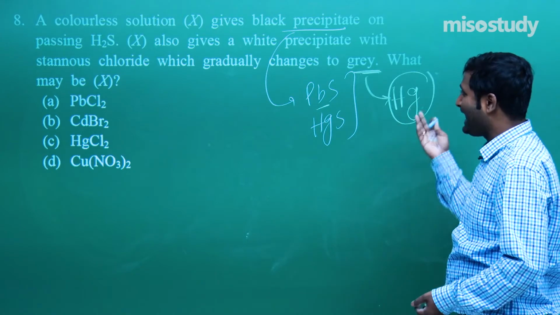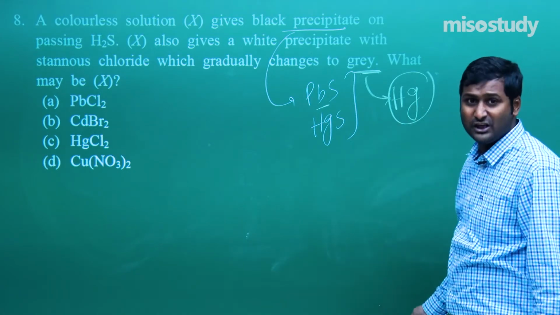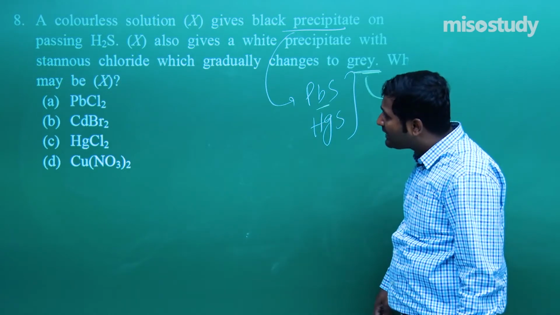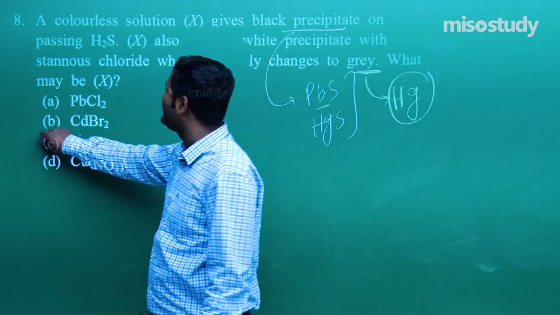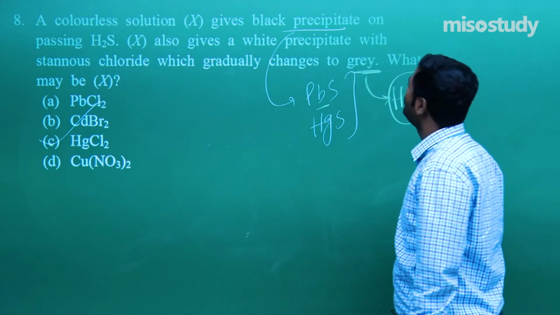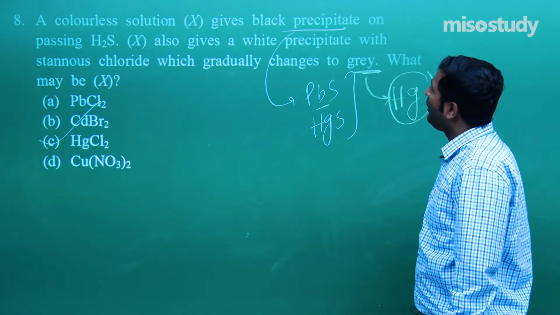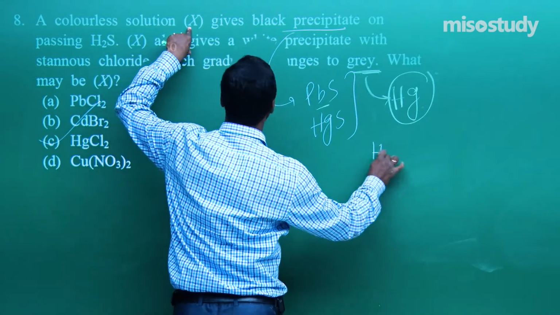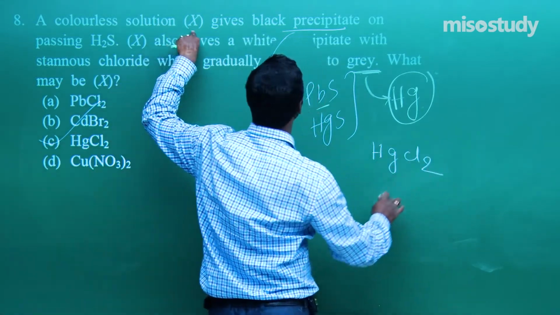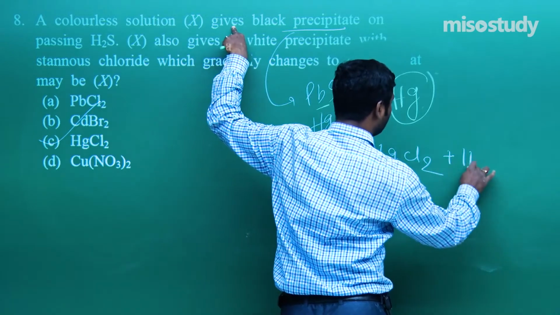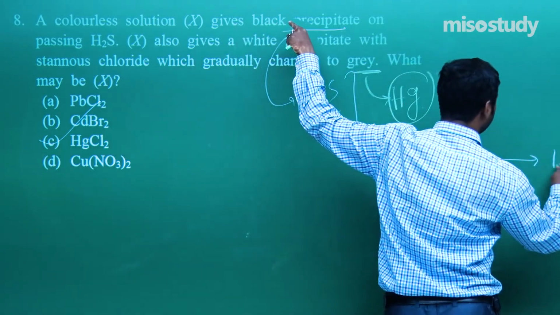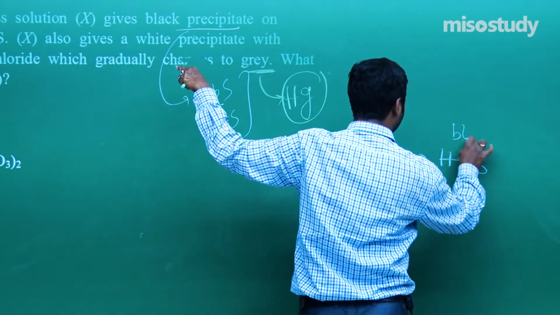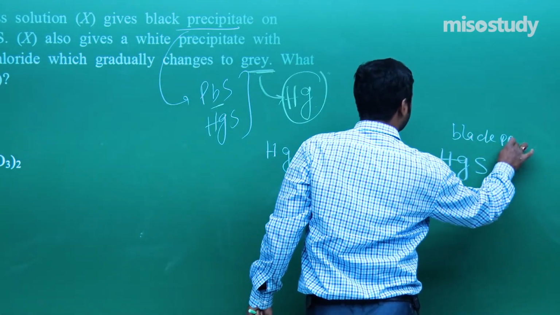Completely, the X is a compound of Hg, a compound of mercury. So a compound of mercury, check it out, sir, only one option, that is HgCl2. Clear to you? That is X. Now what is the reaction? HgCl2 on passing H2S gas gives you HgS, that is the black precipitate. First part of the question. Clear to you?